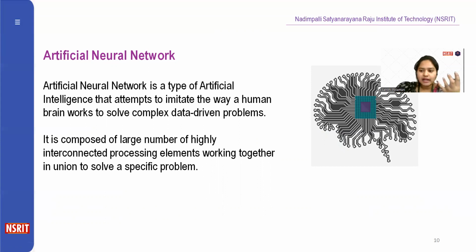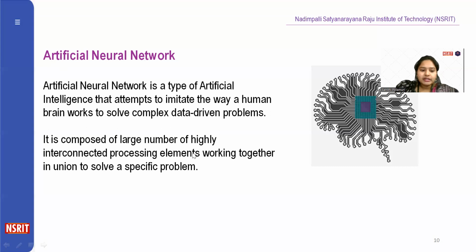This is how our brain naturally works. If we implement this natural process with the help of machines, we call it artificial neural networks, a part of artificial intelligence that attempts to imitate the way a human brain works to solve complex problems.